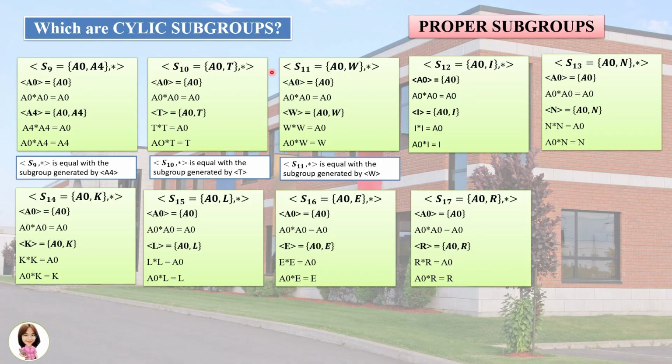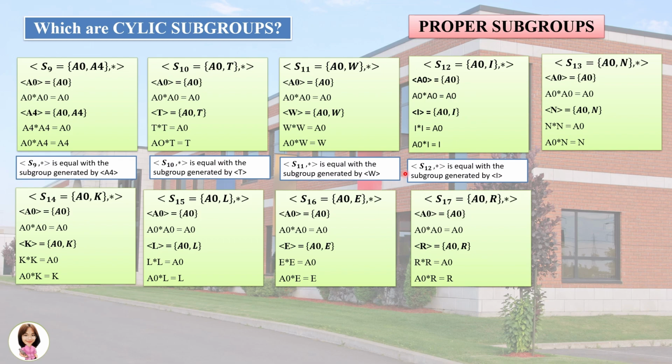Then we have S sub 11, which contains the elements A0 and W under binary operation star. As we can see, the element generated by W is the generator of S sub 11, since it generates the entire group of S sub 11.